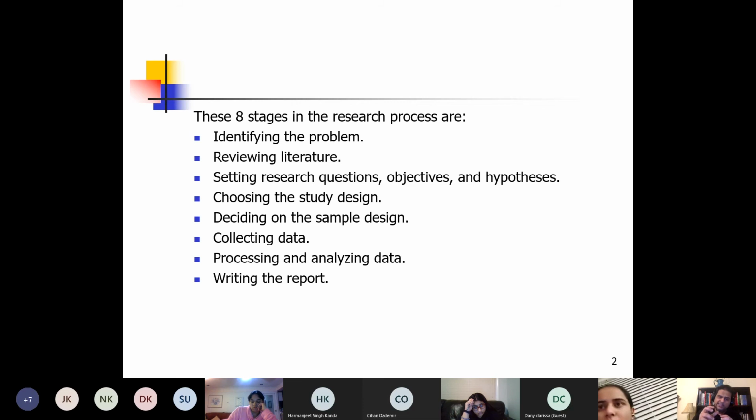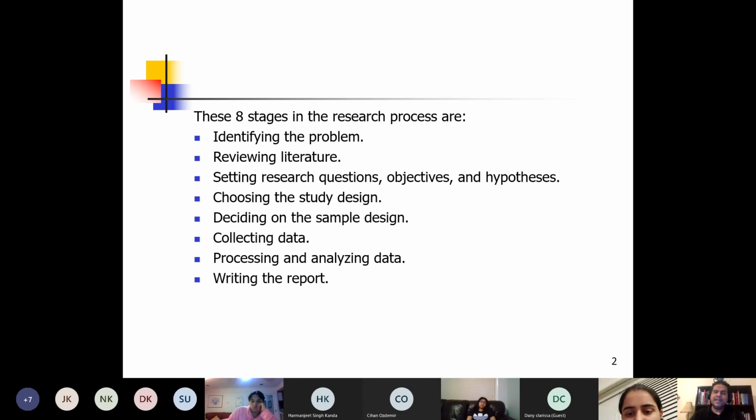No, we'll just wait a little bit until we do the literature review. Why? Because there is no value at all of reinventing what is already invented. There is no value at all of rediscovering what is already discovered.